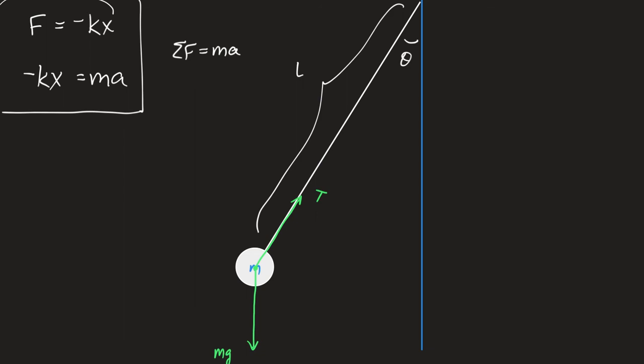Now, you guys, I want to be careful here. The object actually has two accelerations. There is a radial acceleration, which is along the direction of the rod, because it's in circular motion.